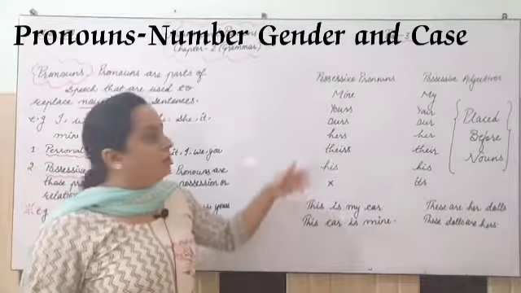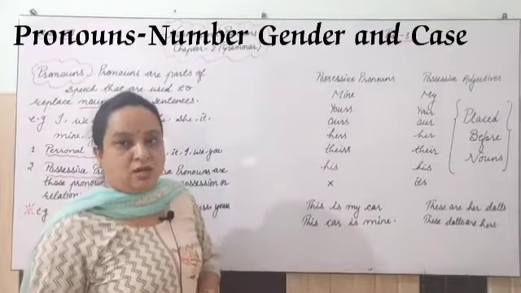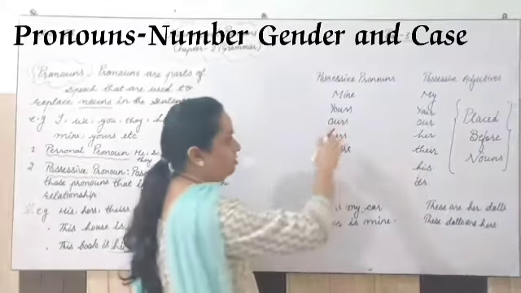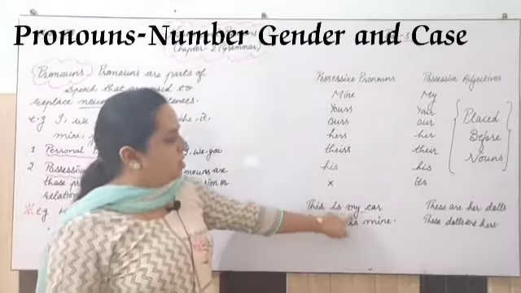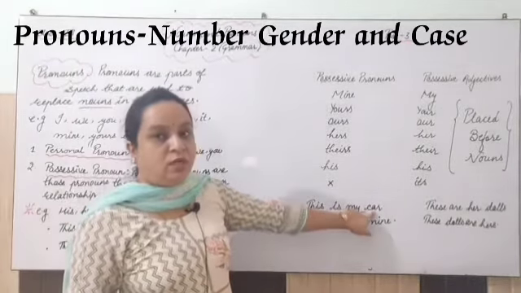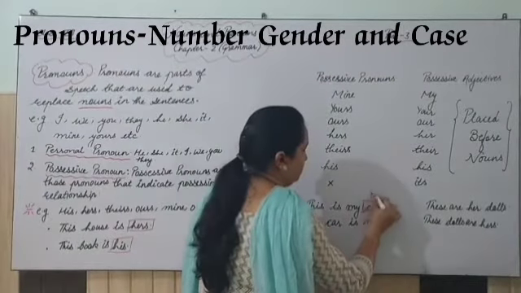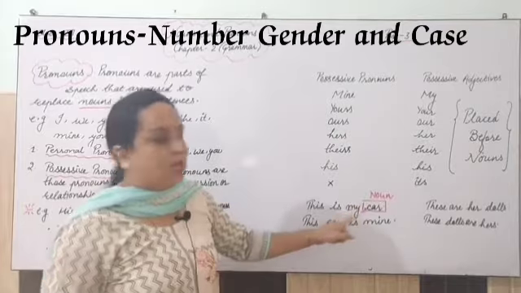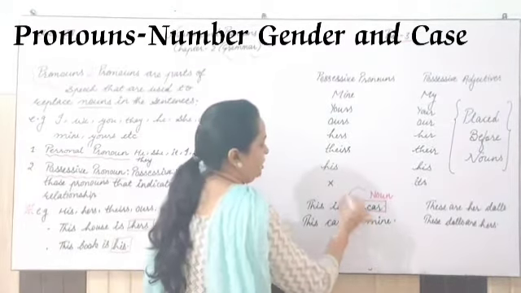But if we are talking about possessive pronouns here, take "this is my car." I have written "my" in these two lists. So if I'm talking about "my" here, what is there after it? A noun, right? And when we have a noun after these words, they will work as an adjective.